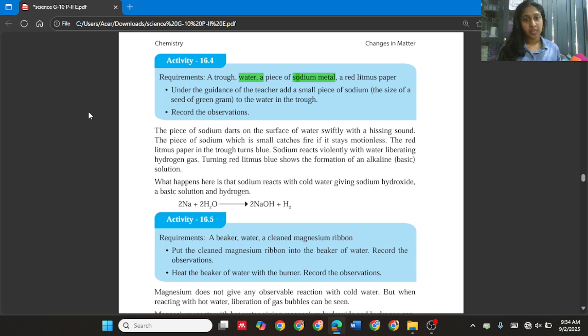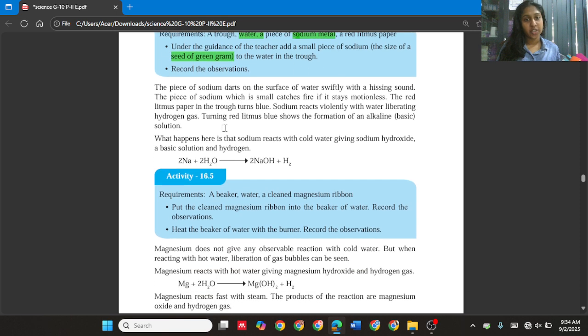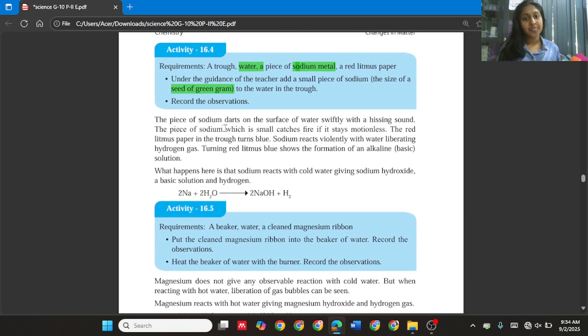Under the guidance of the teacher, add a small piece of sodium, the size of the seed of a green gram, to the water in the trough. Record your observation. The piece of sodium darts on the surface of water swiftly with a hissing sound. The small piece of sodium catches fire if it stays motionless.